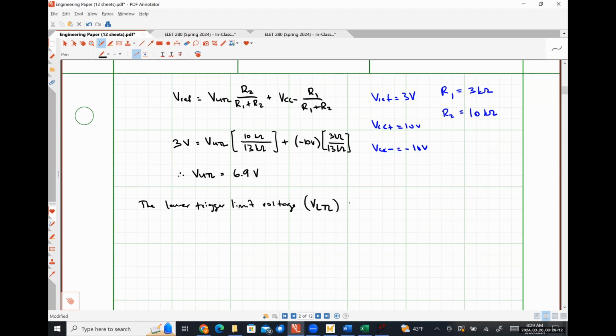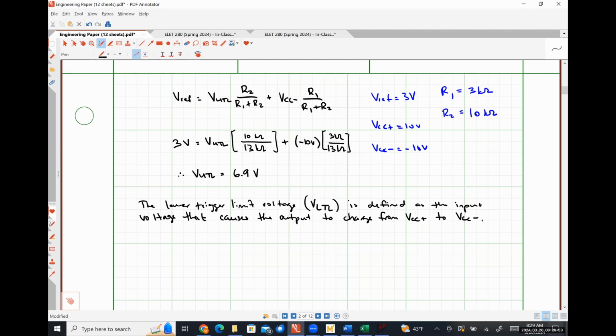VLTL. It's defined as the input voltage that causes the output to change from VCC plus, a high state, to VCC minus.